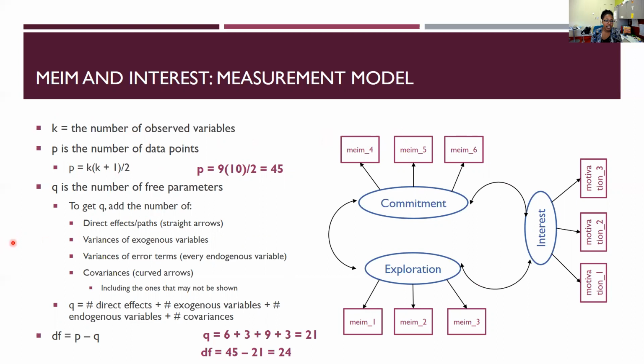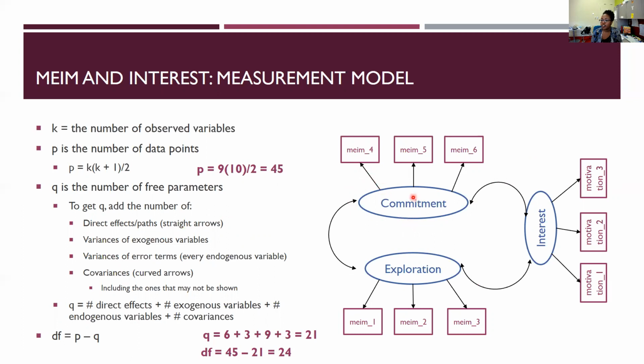So now we need to count all these other effects. We're going to count our direct effects. And remember, our direct effects are what's going from our factors to our indicators. Before we count this, remember that for our latent variable scaling, if we're using the reference variable method, then we are fixing one of our direct effects to 1.